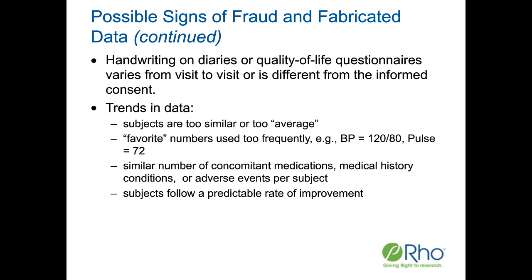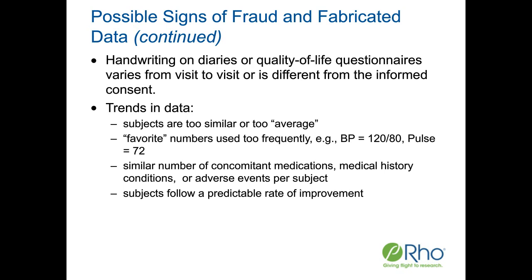These days, we're doing more and more centralized data monitoring and involving our data management and our statistical staff in the assessment of data. And so very often, either the CRA or one of these remote data monitors will pick up trends in the data that make it appear not to be real.